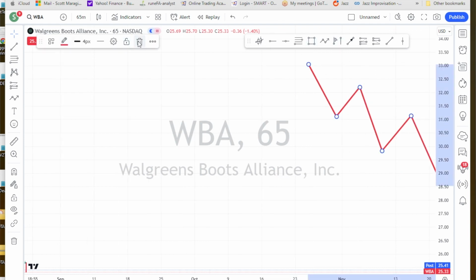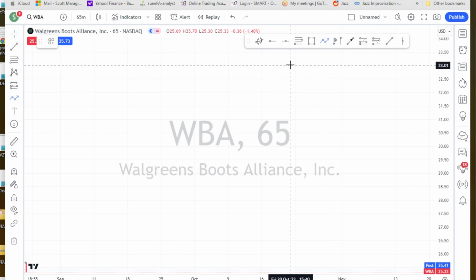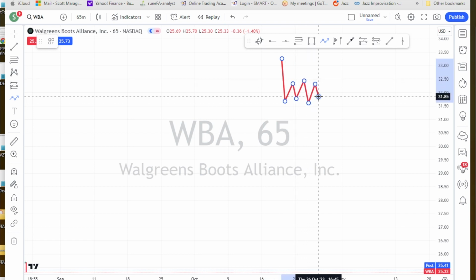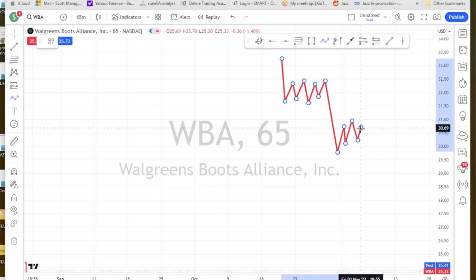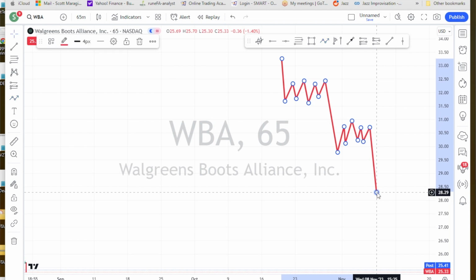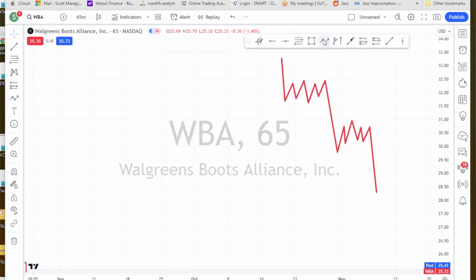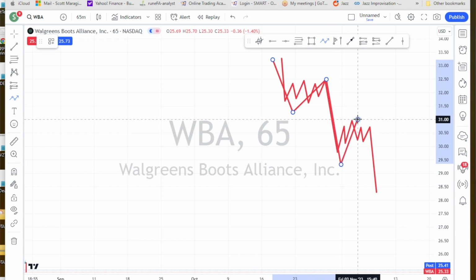If I erase this for a second, the way that tends to look is something like this. In a downtrend, you get a pop down, noise, and then another pop, noise, and then another pop down. What you end up with is a structure that looks something like this.